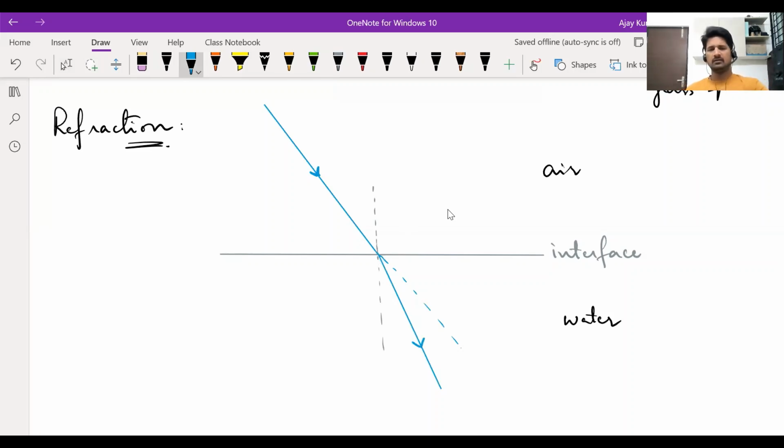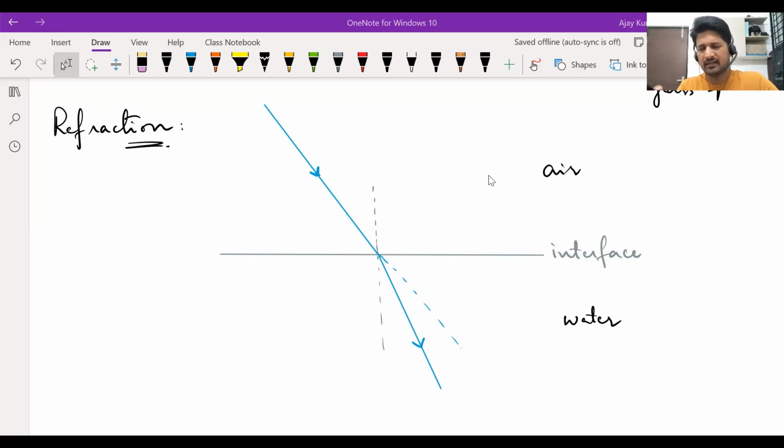One of you tell me, what changes for a wave when it goes from one medium to another medium? Sir, the speed. Speed changes, and corresponding to that, the wavelength will also change. What remains constant is the frequency. In air, light travels at one speed, and in water, it will travel at another speed.